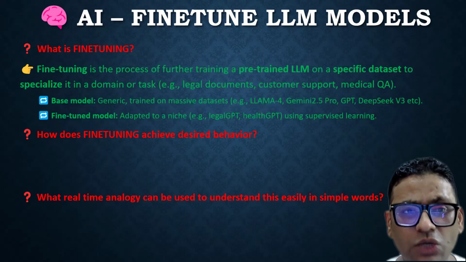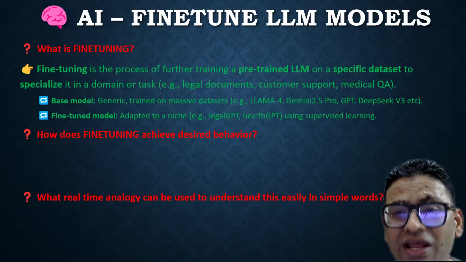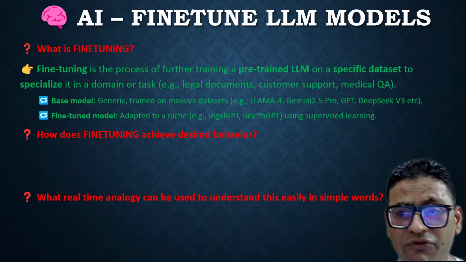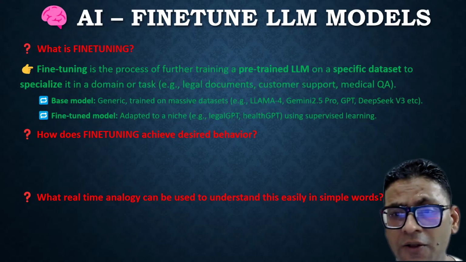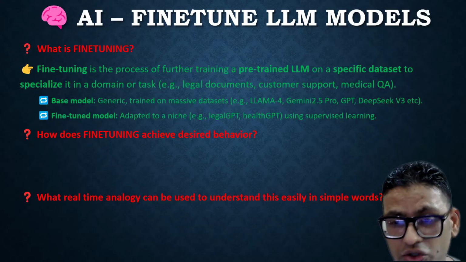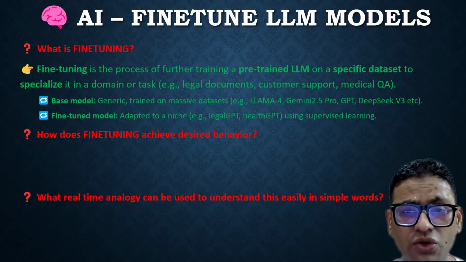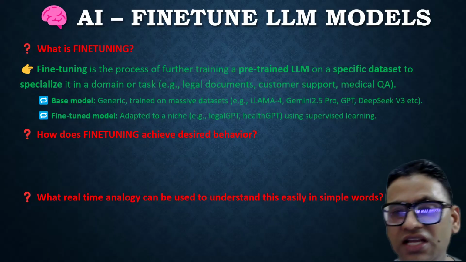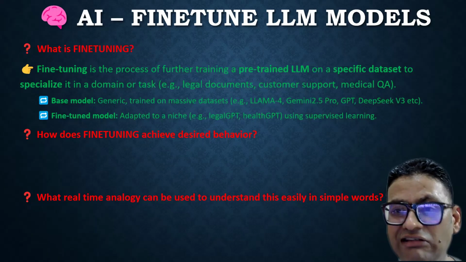But fine tuning is needed where these trained large language models did not have certain information during training, because there can be a lot of situations. For example, legal documents, industry specific or customer information, or domain specific information, especially in healthcare, where that information is not publicly available, so the big organizations which release these large language models cannot train on it.